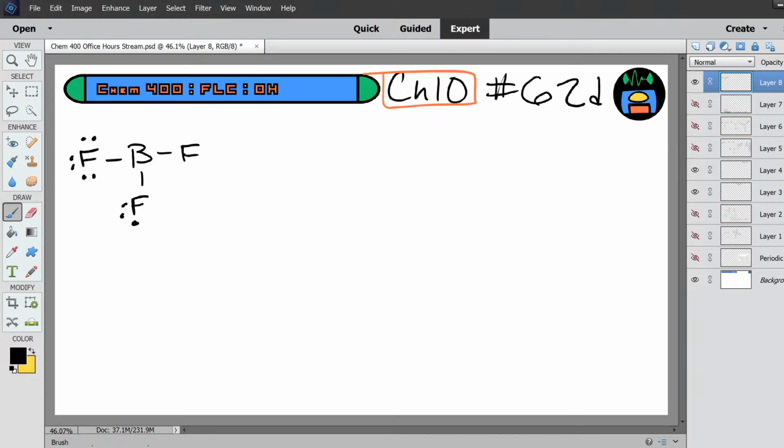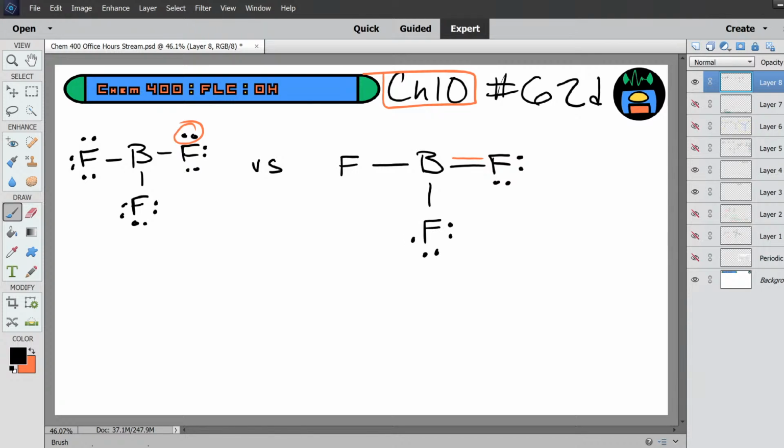But you could draw another Lewis structure where you take one of your lone pairs off of fluorine and you use it to make a multiple bond to boron.